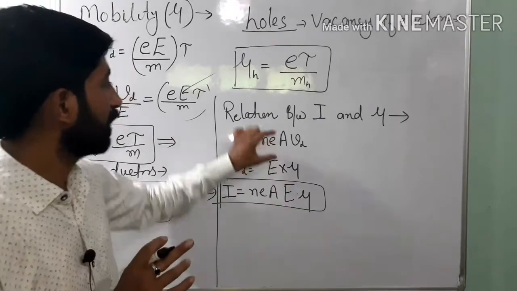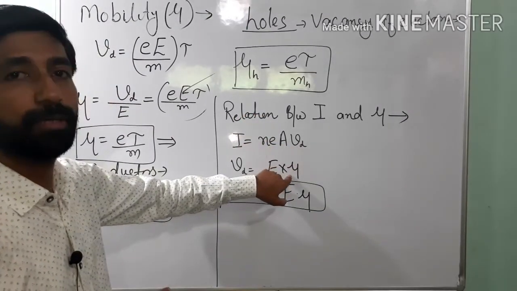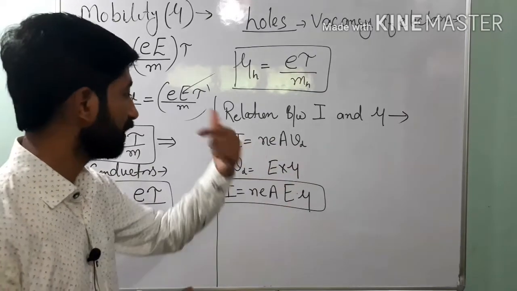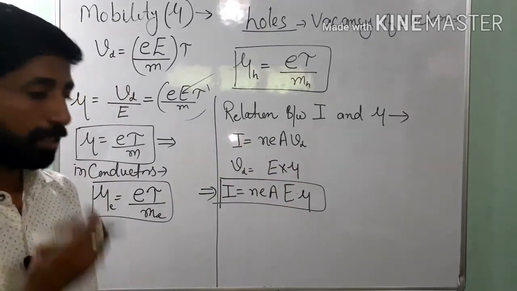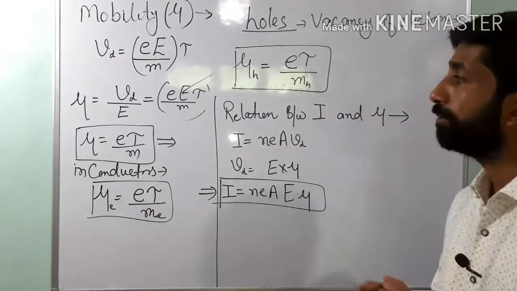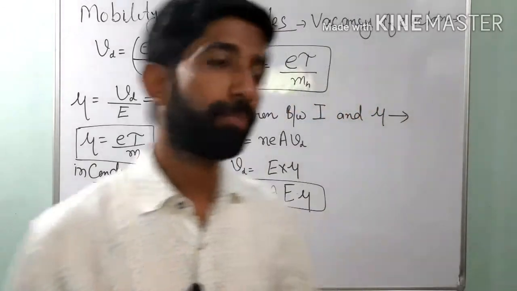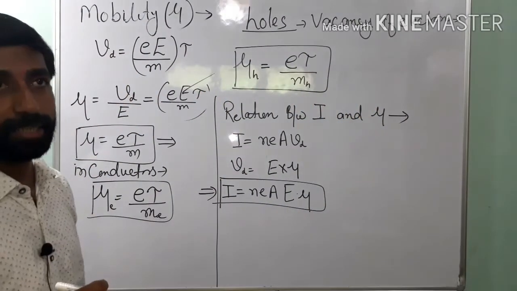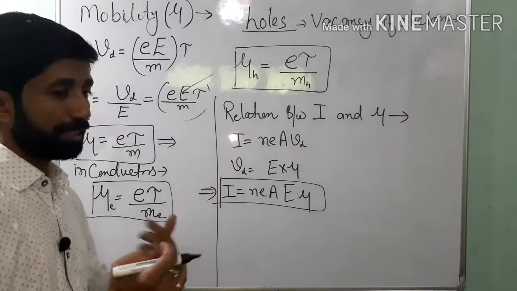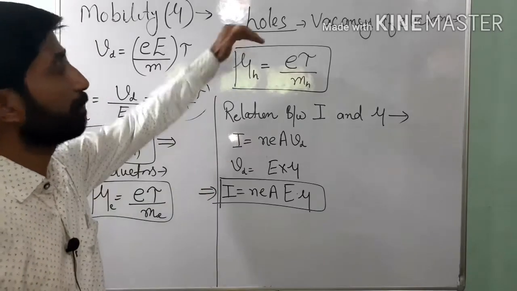Very simple. You have to pick I, then put the value of drift velocity in terms of mobility, then you are getting this relation. So this is so far very simple. Now in conductors like metals, only electrons are the charge carriers. So the easiness of the flowing of the electrons is defined by the mobility.